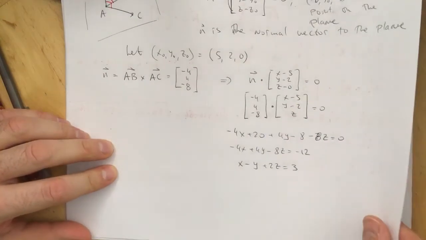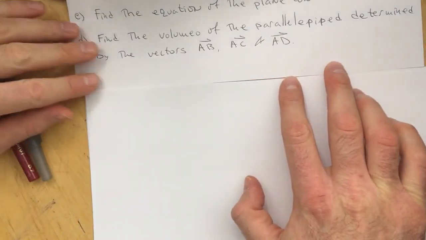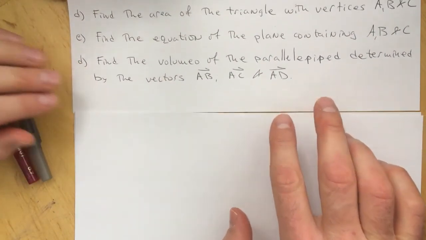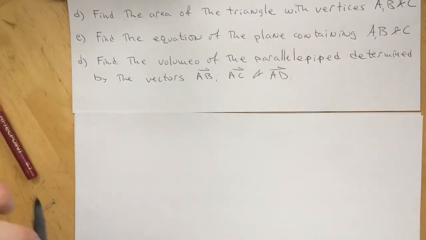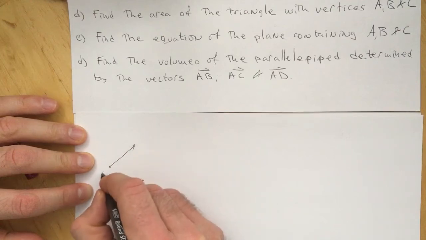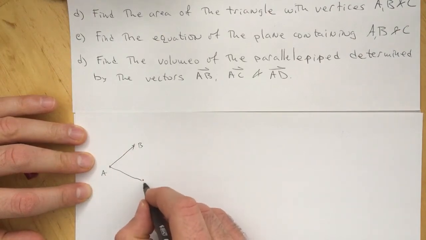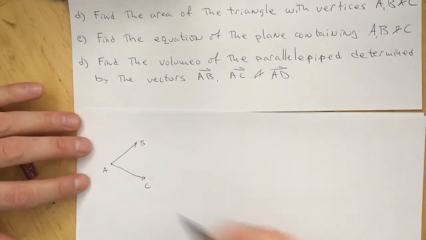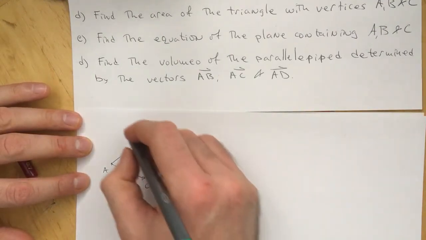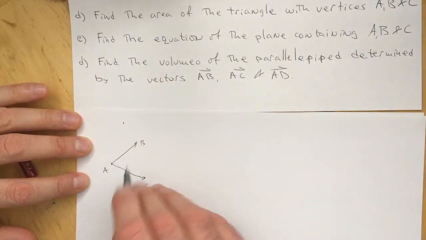And the last part of this problem is finding the volume of the parallelepiped determined by the vectors AB, AC, and AD. So again, I have the vectors AB, AC, and then D does not lie, at least I hope, on the plane described by these two vectors.